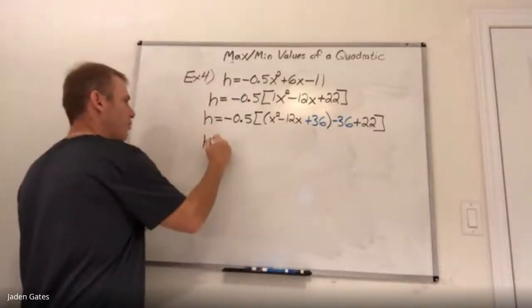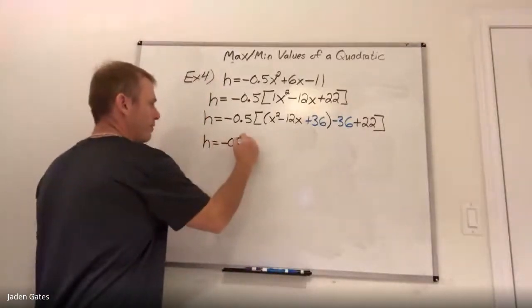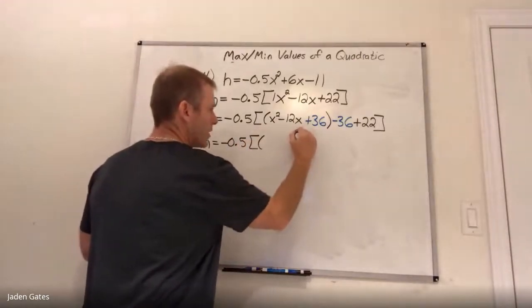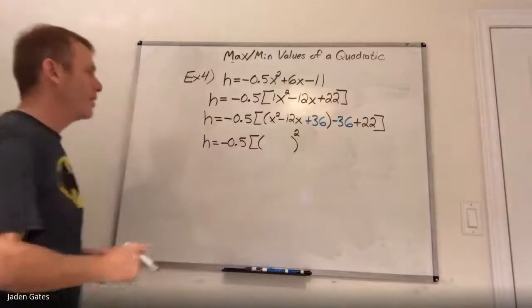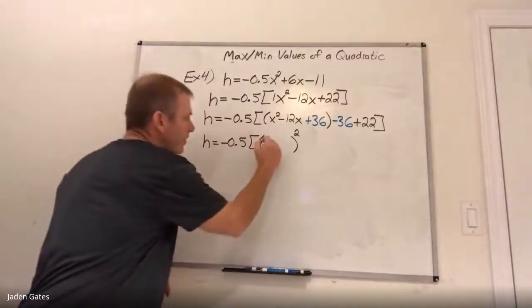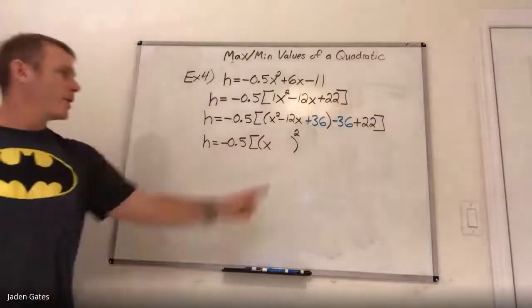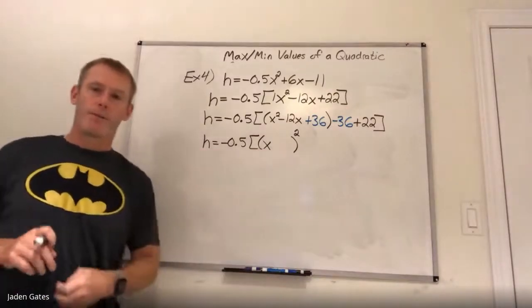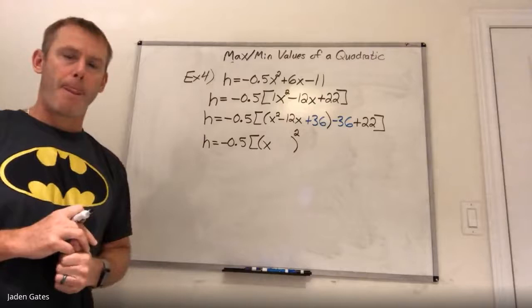All right, so now I can rewrite this. I got h equals negative 0.5. I can now rewrite it because I have the correct number there. Again, there's going to be an x in here. That's the form. Somebody tell me what number will go inside my round brackets. What do you think?